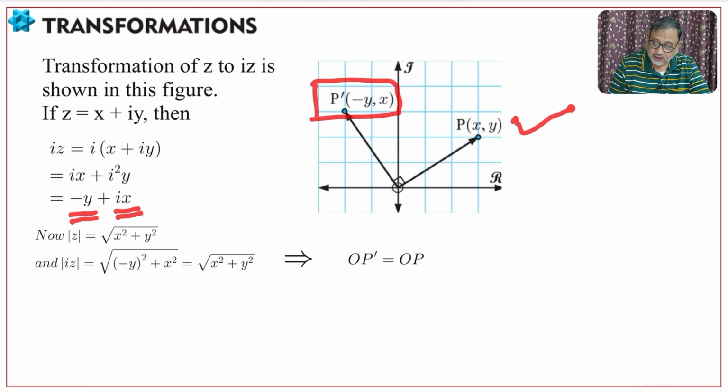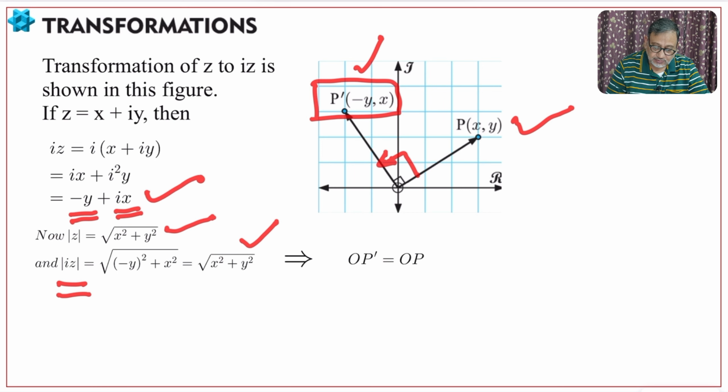So it has been rotated by 90 degrees anti-clockwise, right? And the modulus of z will be the square root of x squared plus y squared, and the modulus of iz will also be the square root of x squared plus y squared, because minus y squared will be y squared and plus x squared will remain x squared.